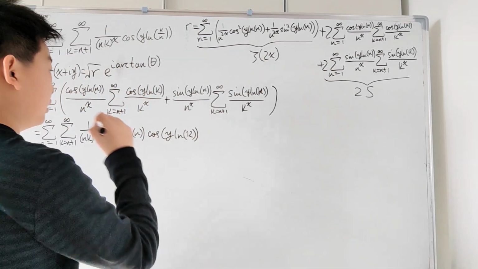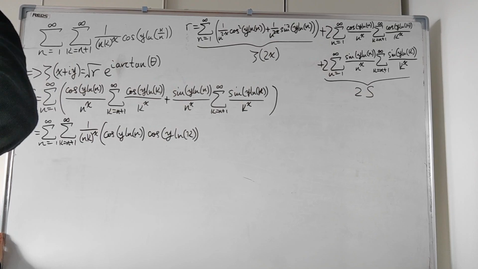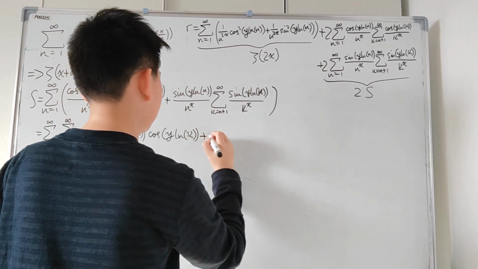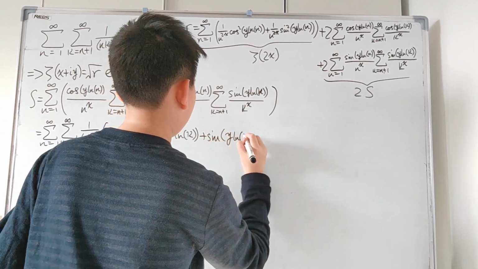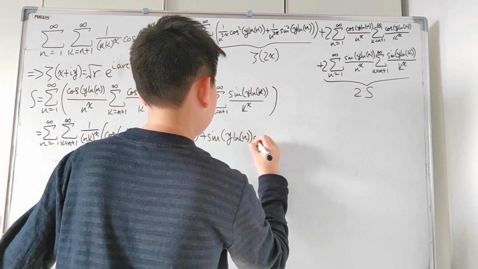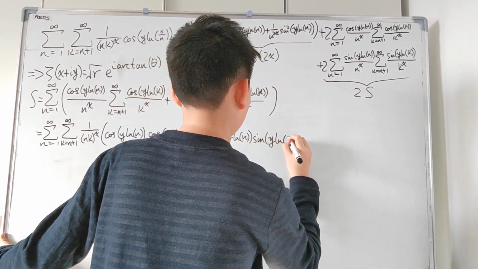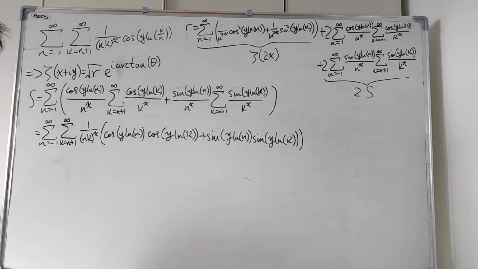And we have, didn't we go stay here? Not really sure. I hope I didn't. Sine y natural log of n, sine y natural log of k. Yeah, like I said, big expressions. I usually make a lot of mistakes in big expressions.